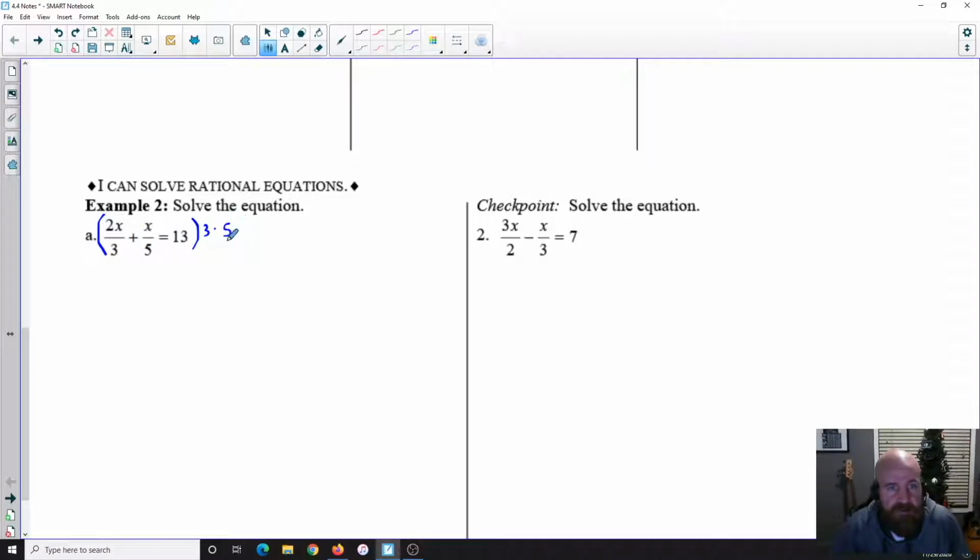So we have 5 times 2x, so 10x for that first fraction. We do the same thing to the next fraction. We're adding this fraction, and if we multiply it by a 3 and a 5, the 5's cancel out, and we end up with 3x.